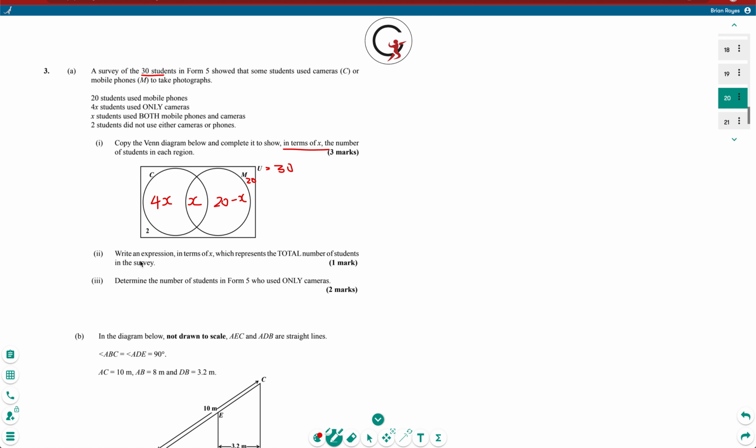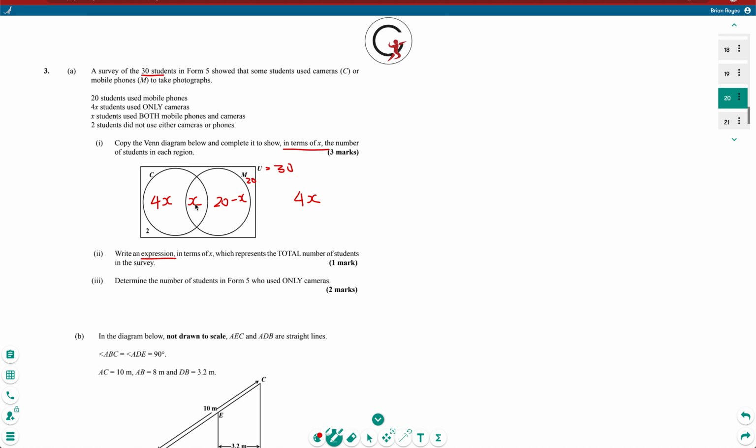Okay. So write an expression in terms of x which represents the total number of students within the survey. The total number of students within the survey would include what's inside the camera circle plus what's inside the mobile phone circle plus this 2 on the outside. And it's an expression, which means no need to put an equal sign. That means we're going to say 4x.